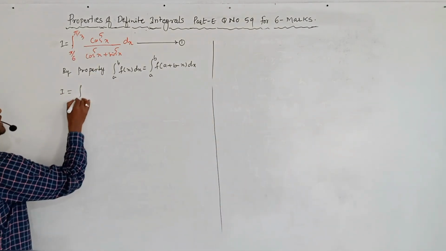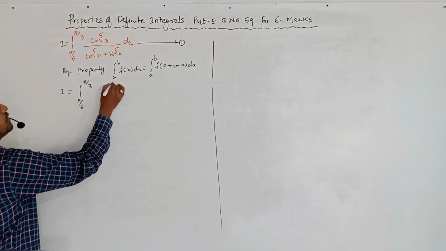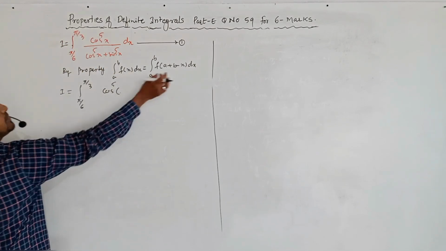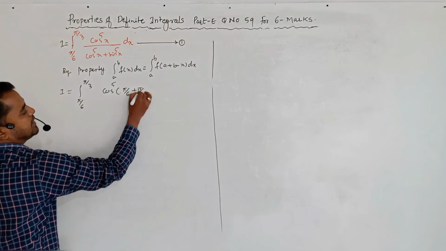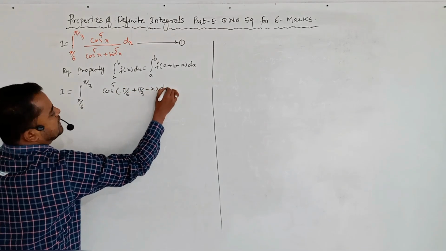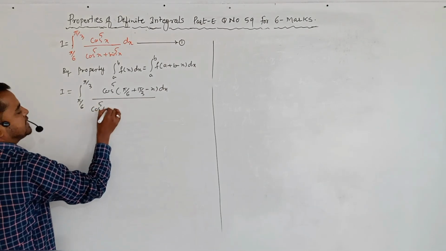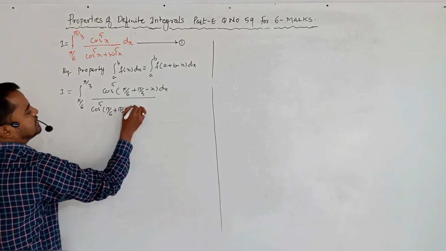I is equal to integration from 5π/6 to 5π/3 of cos^5 of (a plus b minus x), that is x changes to 5π/6 plus 5π/3 minus x, dx, divided by cos^5 of (5π/6 plus 5π/3 minus x) plus sin^5 of (5π/6 plus 5π/3 minus x) dx.